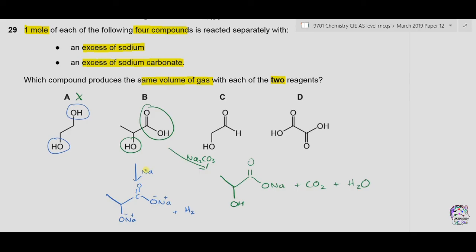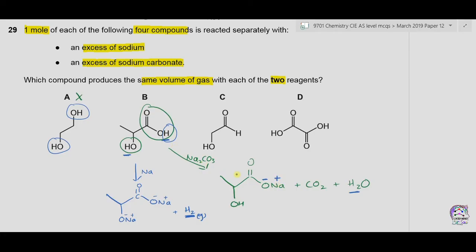In these reactions we can see that with sodium 2 hydrogen atoms are removed, one is this one and one is this one, so 1 mole of hydrogen is being produced as gas. But in the reaction with sodium carbonate we have water formed. Now water has 2 hydrogen atoms while only 1 hydrogen atom is being removed in this reaction, which forms O negative and Na positive.